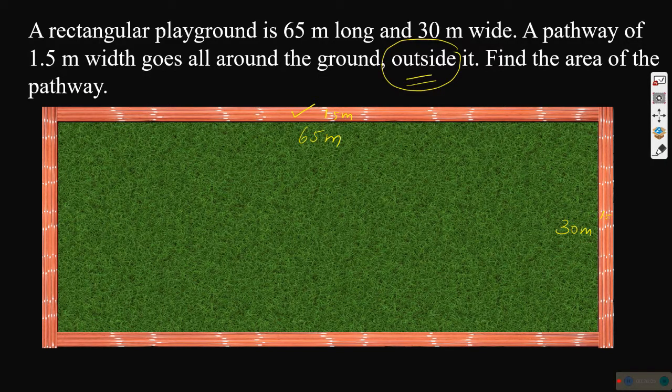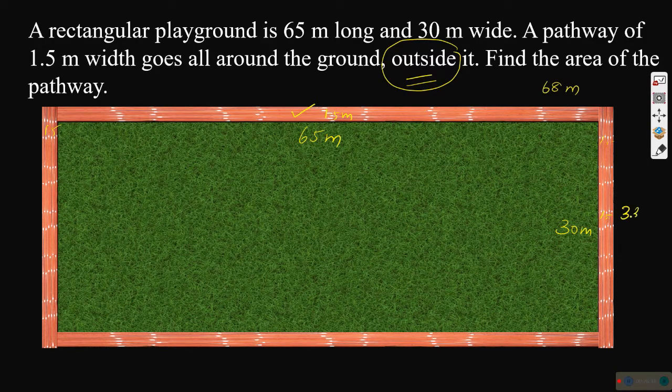Earlier, we subtracted the pavement width from the original garden size in order to get the inner length and breadth of the garden. Here we will add. For example, the length will be increased by 1.5 meter here and 1.5 meter here, meaning 3 meter. Then the length will become 68 meter after putting the pathway, and the breadth will become 33 meter.